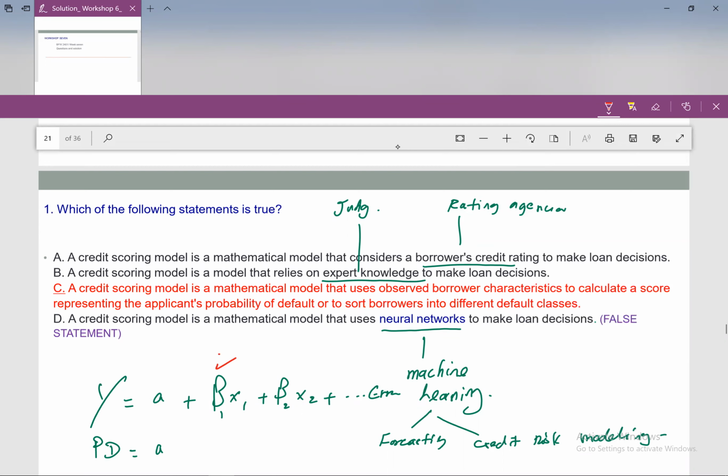For example, if this is the age and this is the income, you know the weight, which is the coefficient for the age and the income, which is B1 and B2. You just take this person: how much is the income? Maybe 3,000 K. Age, maybe like you, 21 years old, credit card.